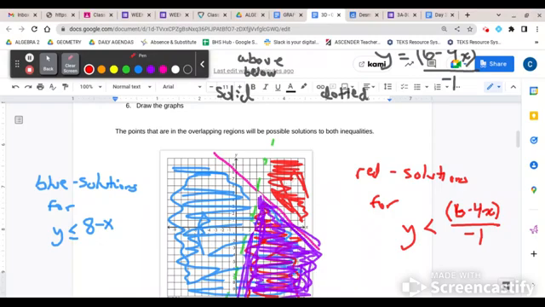But this purple region was the only region underneath the pink and underneath the green. That's why I did it purple, because this region is both shaded blue and shaded red. So any point in this region right here would fit the two equations.